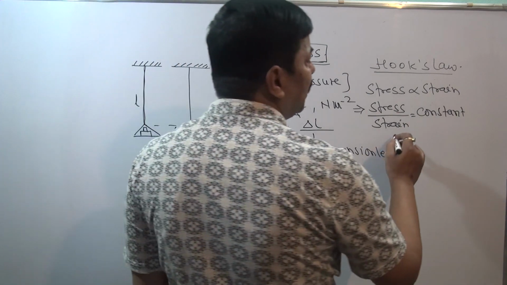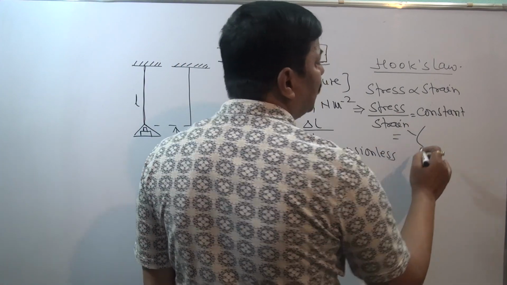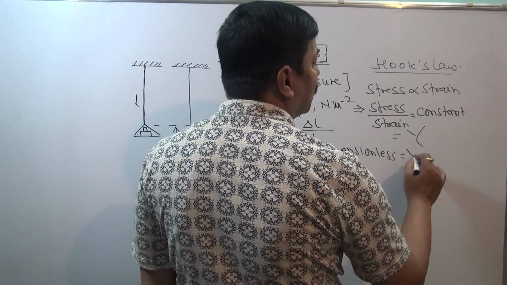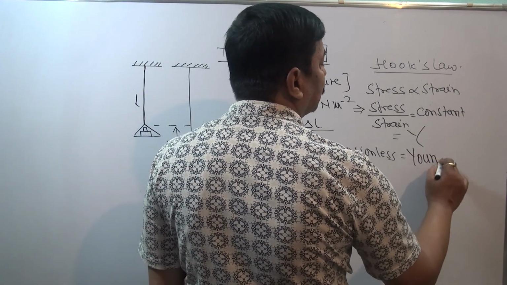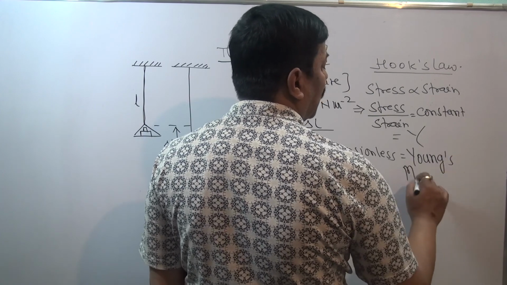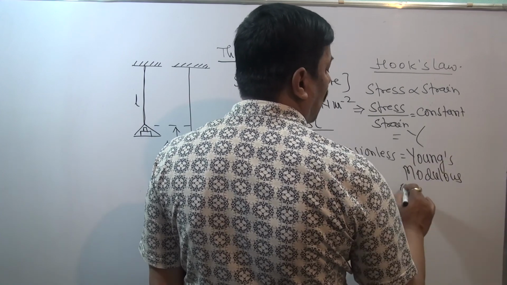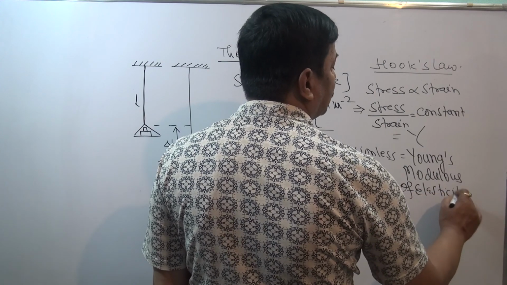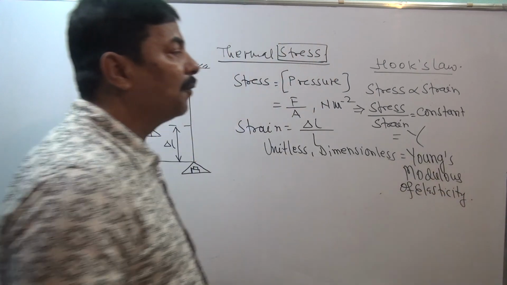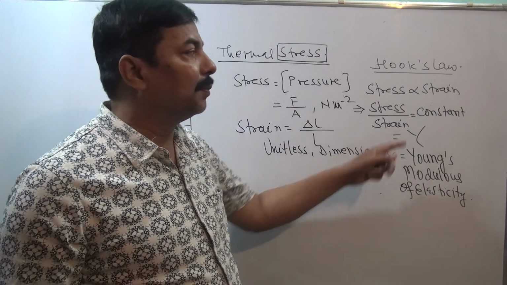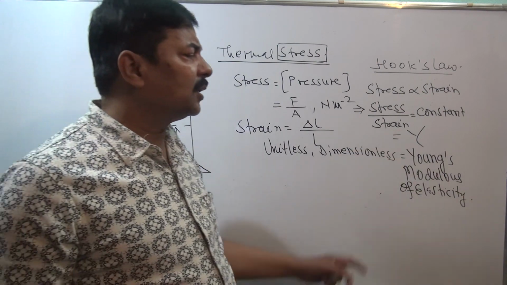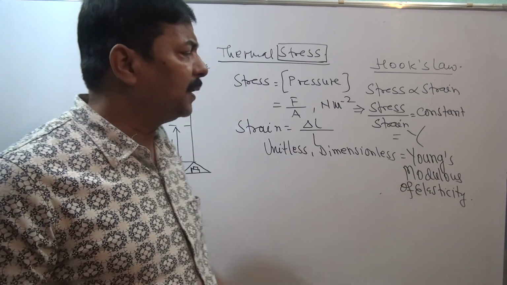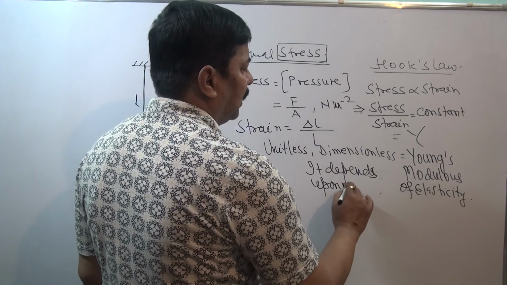So what is it being called? It is symbolically represented by Y, and it is known as Young's modulus of elasticity. This is the symbol, and you should understand that it is the property of material.